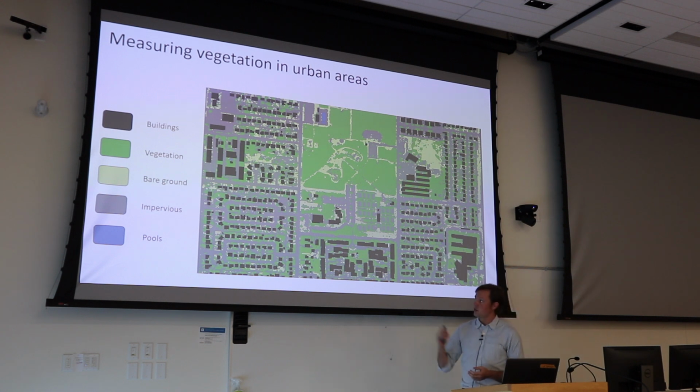So this is showing, there's this great data source that was also made publicly available that is building footprints for the entire U.S. So you can go out and for any city, you know where all the building footprints are. And so if you combine that with this data, you can do land use classification maps like this that show buildings, vegetation, bare ground, impervious surface, and then standing water.